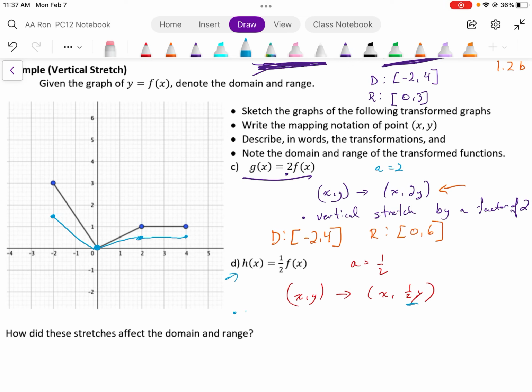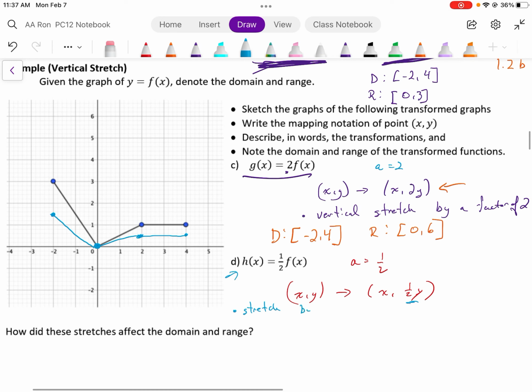So this transformation, we could call this, and this won't make sense, but technically it's okay, vertically stretched by a factor of 1/2, call it.